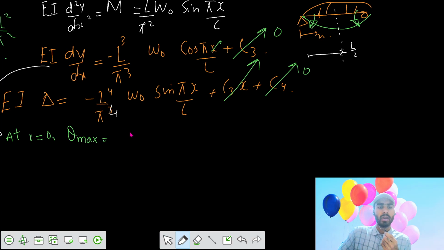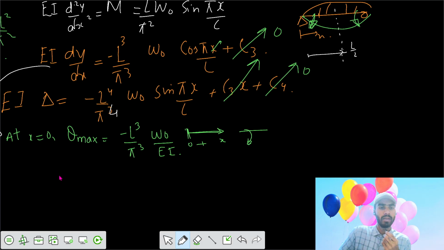That means theta maximum is minus L cube by pi cube into W naught divided by EI. Initially we took x from 0 along the positive x-axis, and you got a negative theta value. That means theta is clockwise.